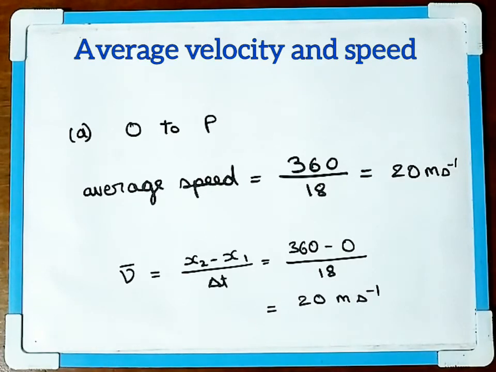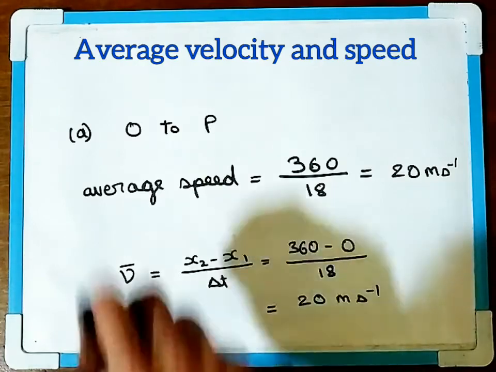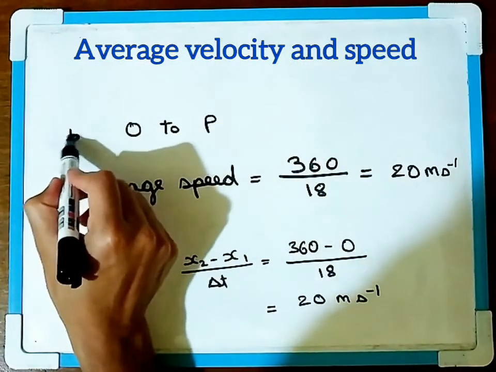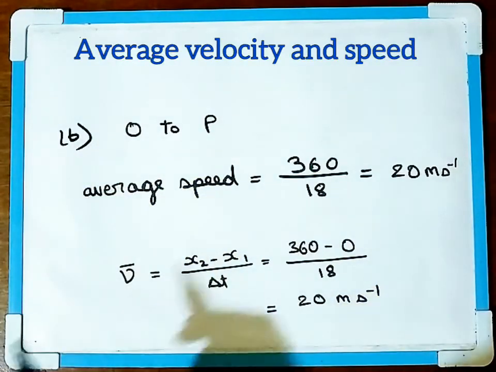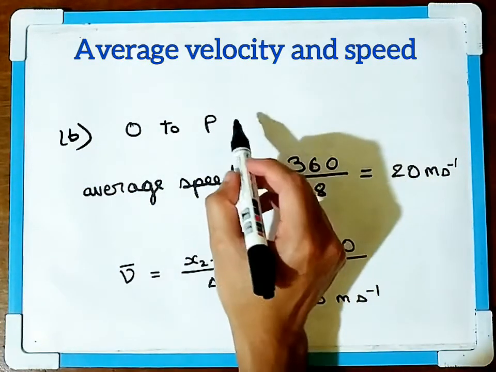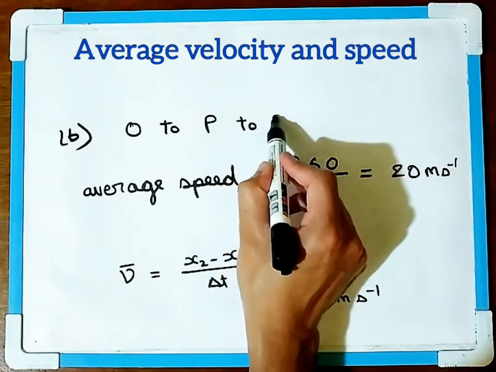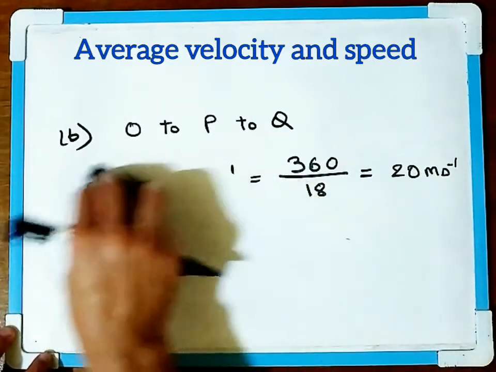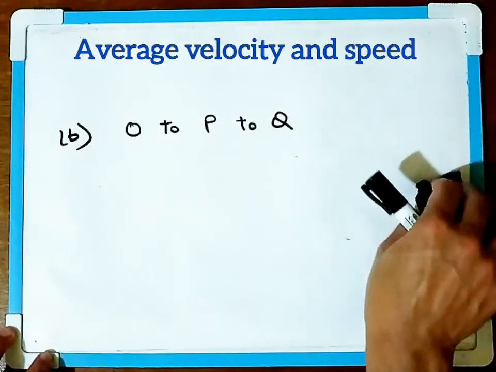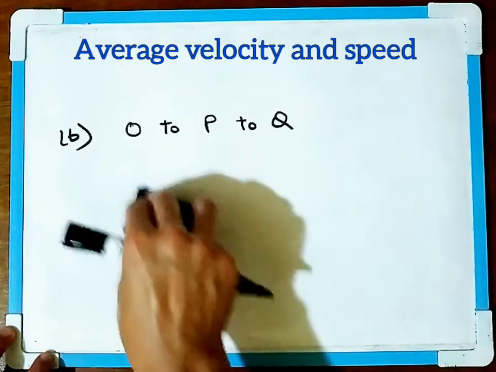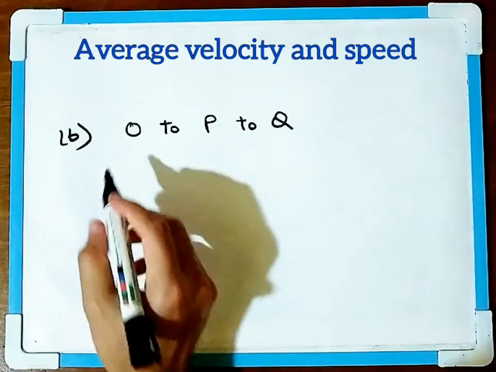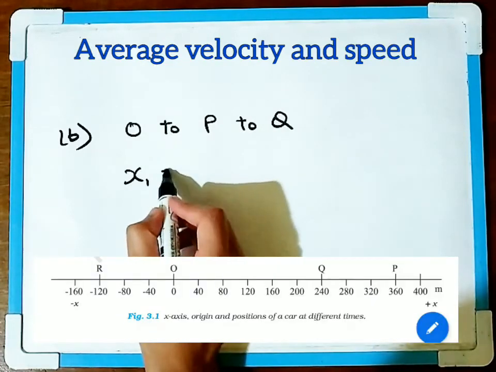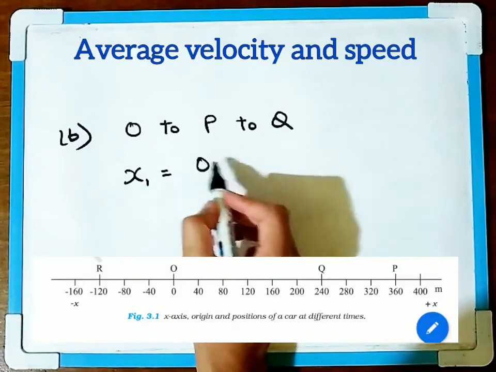But in this next case, which is case B, the car travels from O to P and then from P to Q. So in this case, the average velocity will be different and the average speed will also be different. So the average velocity in this case, here your x1 will be equal to 0 meter.